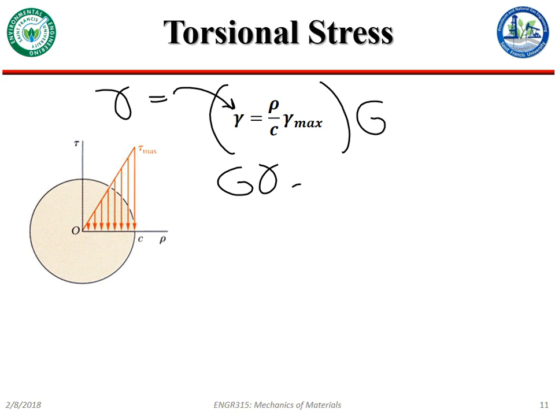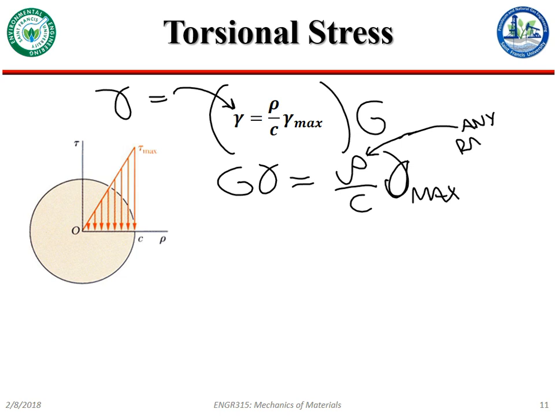So I get G gamma equals rho over C times gamma max, where rho, as you remember from before, is any radial distance inside of the shaft, and C is the radius of the shaft.